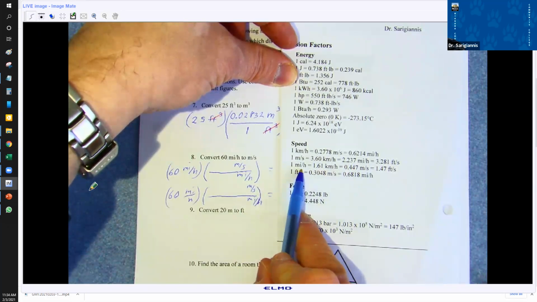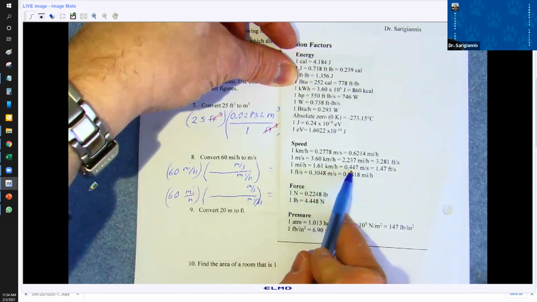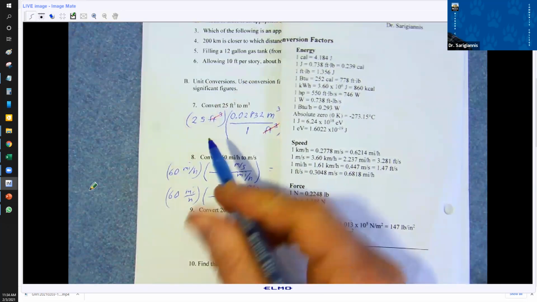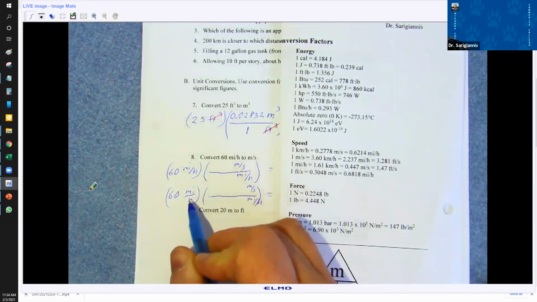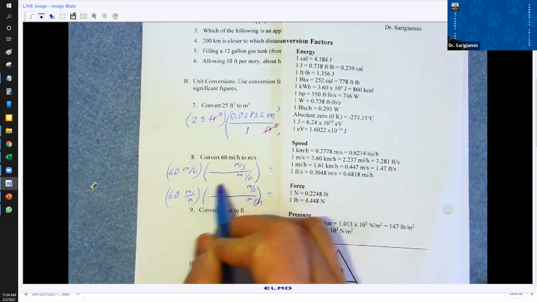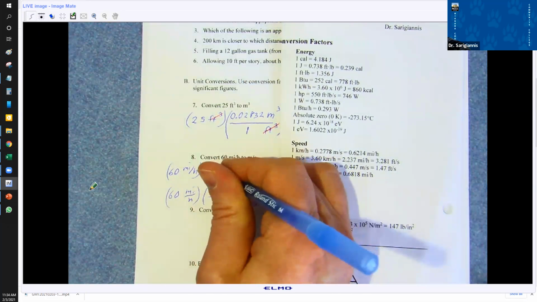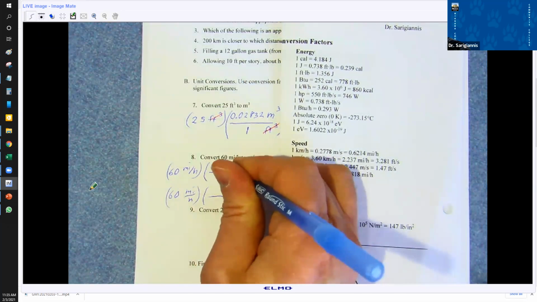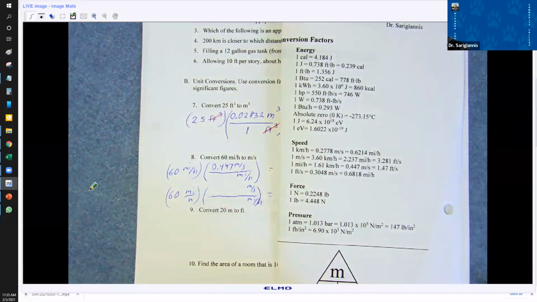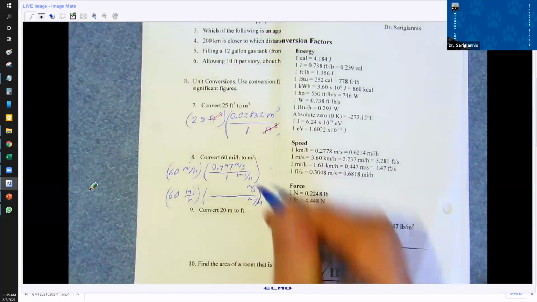So let's take the first one. We're going to use that 0.447 meters per second is 1 mile per hour. All this is saying is what's equivalent between these two. My equivalent statement is that there's 0.447 meters per second in 1 mile per hour.